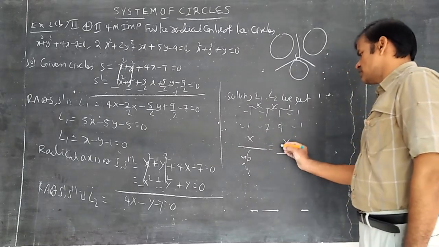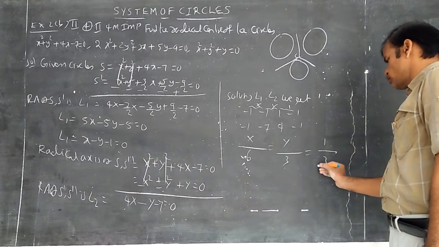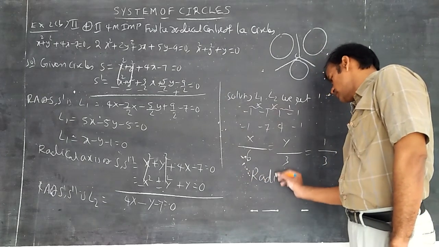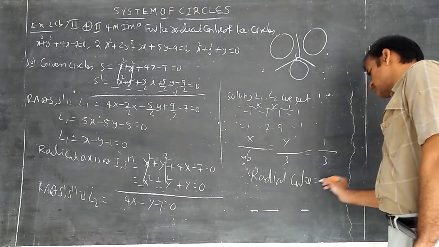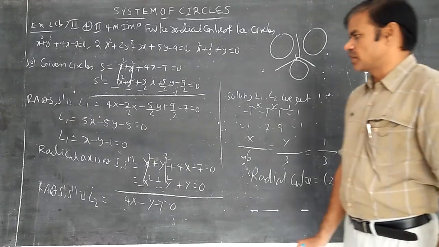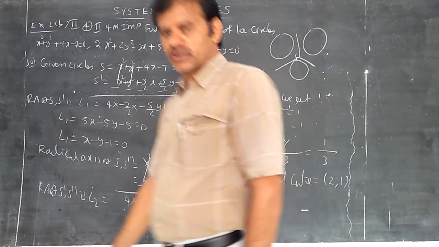And y by minus 4 plus 7, it is 3. 1 by minus 1 plus 4, it is 3. Therefore, 6 by 3 comma 3 by 3, you get the radical center equal to 2 comma 1. Yes, here it is verified.